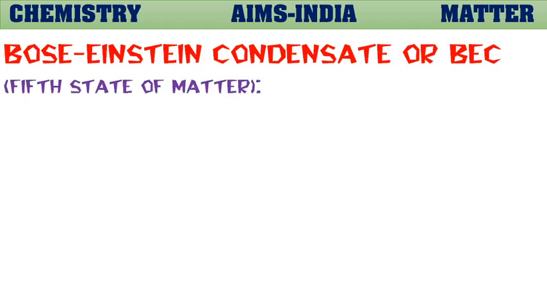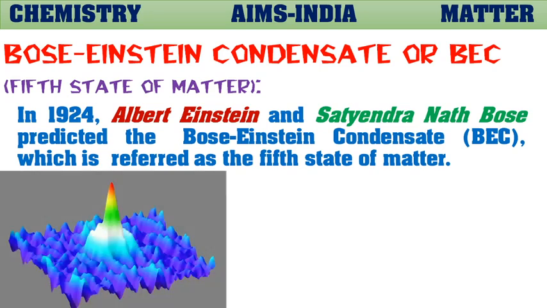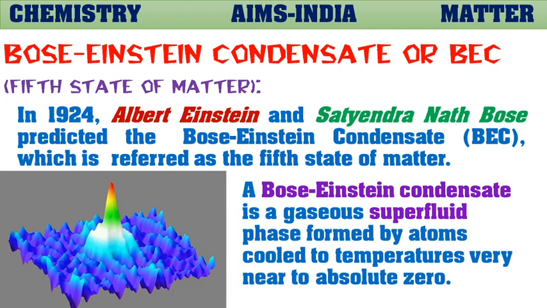The fifth state of matter is what we call Bose-Einstein Condensate or BEC. In 1924, Albert Einstein and Satyendranath Bose predicted the Bose-Einstein Condensate, which is referred to as the fifth state of matter. A Bose-Einstein condensate is a gaseous superfluid phase formed by atoms cooled to temperatures very near absolute zero.